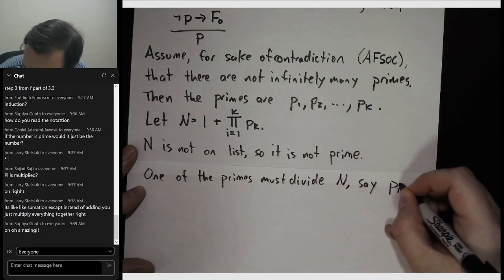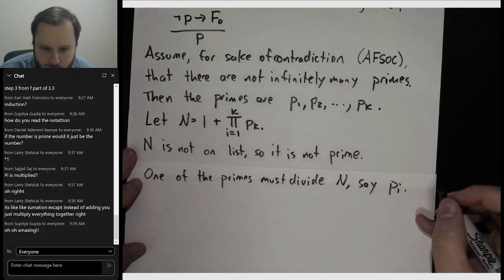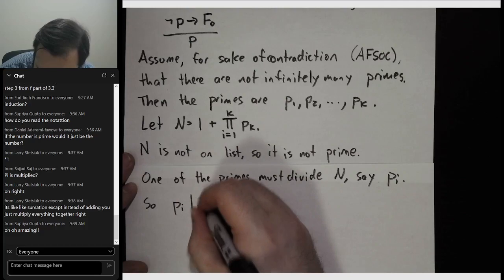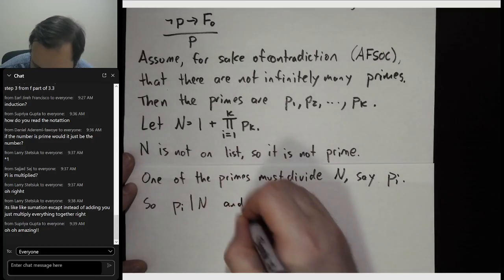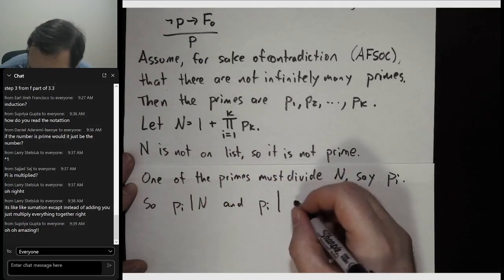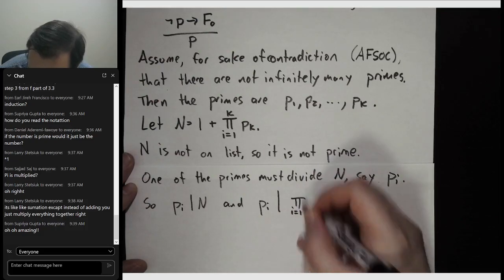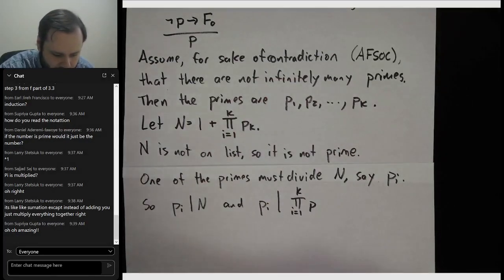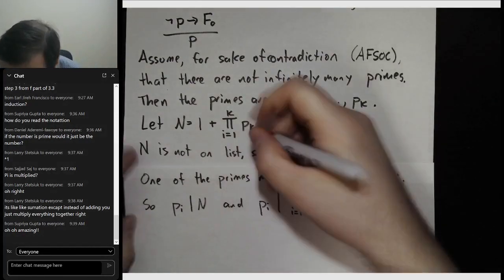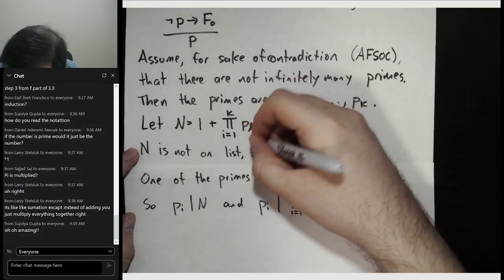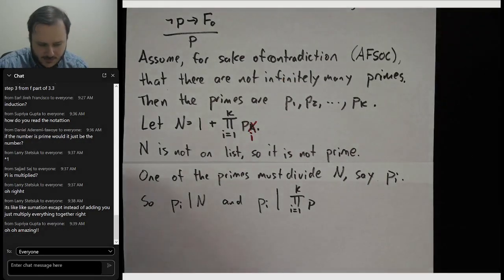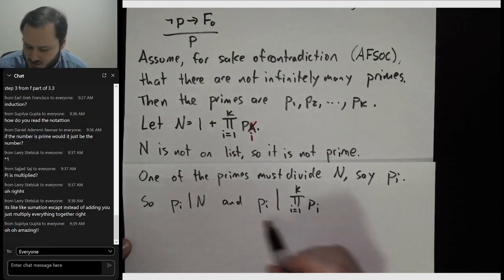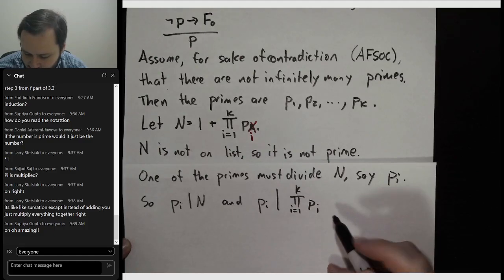Let's call that one p sub i. So p sub i divides n, and also p sub i divides the product from i equals 1 to k of p sub i, sorry, it's a typo, that should be p sub i. This is just because this is p sub i multiplied by a bunch of other stuff.